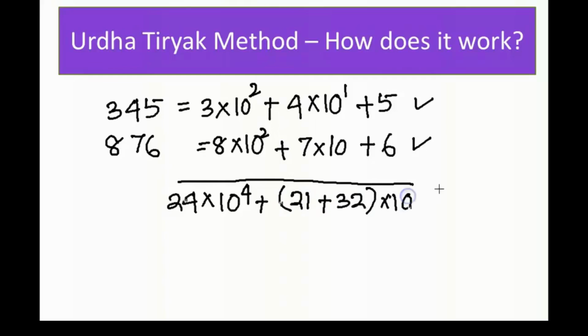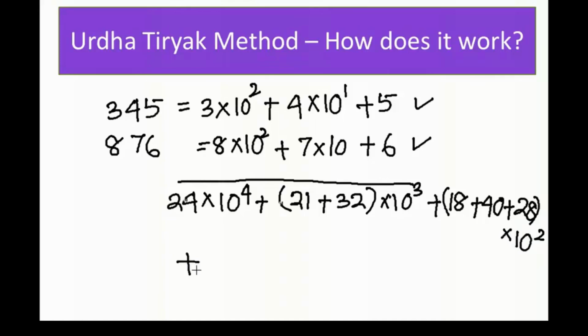After that we multiply 8 into 3. That gives me 24 into 10 to the power 4, plus 3 into 7 is 21, plus 4 into 8 is 32, into 10 to the power 3. To get the coefficient of 10², it is 3 into 6, 5 into 8, 4 into 7, whole into 10², plus.